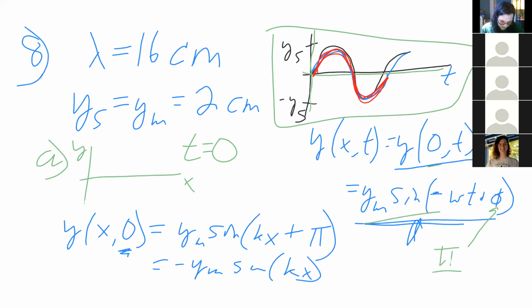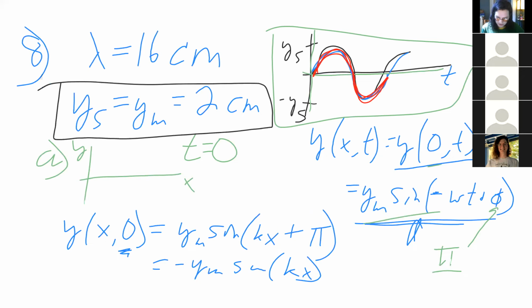Part B. Part B, they just ask us to find y max. I think we already wrote down a y max in our given stuff here. Yeah, that was just a given that it's 2 centimeters. So cool. Part C, they ask us to find k, the wave number.